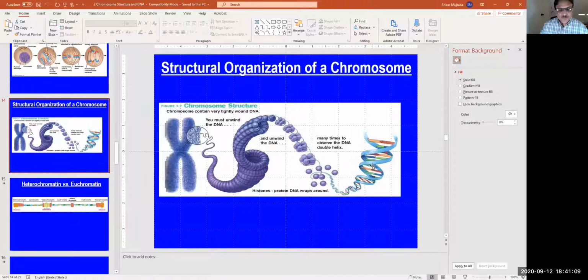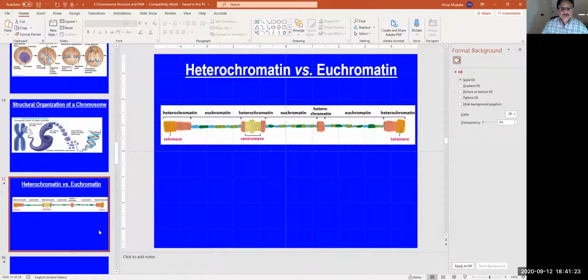As I mentioned, packaging of DNA happens, and that gives the structure of a chromosome that we see as a chromatid. Now, the two new terms I am sharing with you here are euchromatin versus heterochromatin. So let me go to the whiteboard.